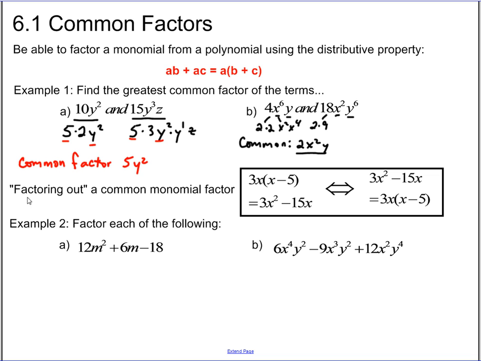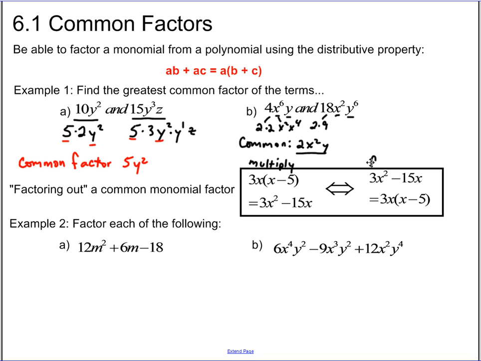So the next part of this is let's talk about factoring out a common monomial factor. Now, when we were multiplying, we would have done the following. If we took 3x times x minus 5, when we multiplied 3x into the parentheses, we would have distributed the 3x times x to get 3x squared and the 3x times 5 to get 15x.